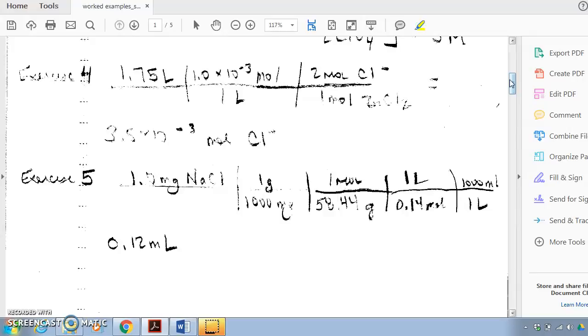So you can multiply your volume in liters times your fraction style ratio of molarity, which expands to become moles per liter. And therefore your liters are going to cancel out to give you moles. Then in this case, since in the zinc chloride we have 2 moles of chloride for every 1 mole of the compound, we multiply by 2 to get the moles of the chloride ion.